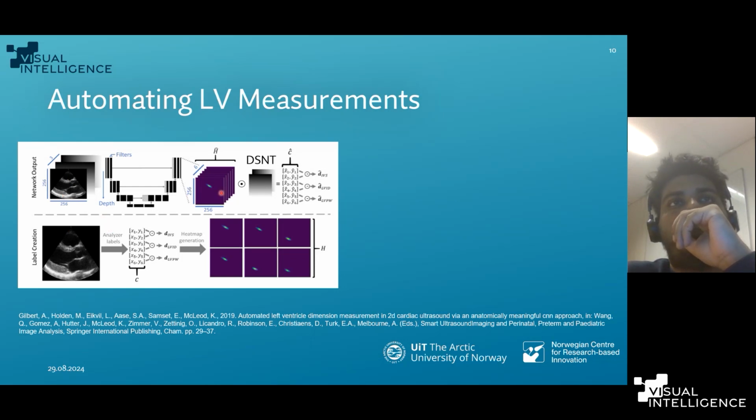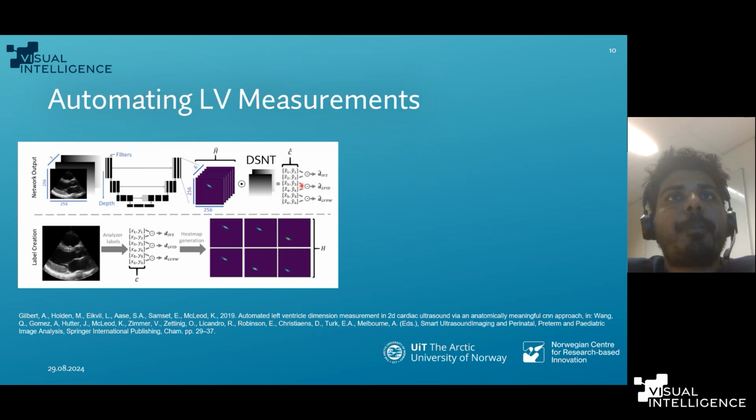Upon this, Gilbert et al. perform the heat map based regression, and they also extract the coordinates using a layer called discrete spatial numerical transform in a differentiable fashion.